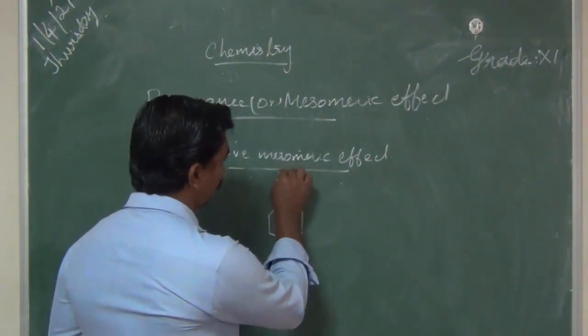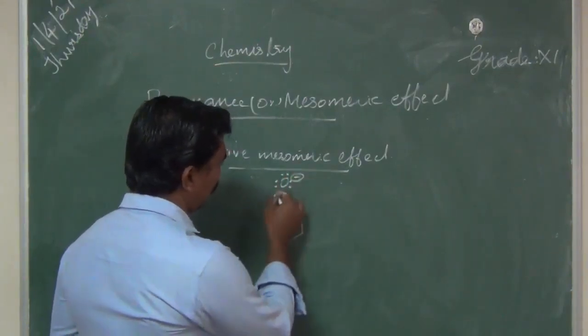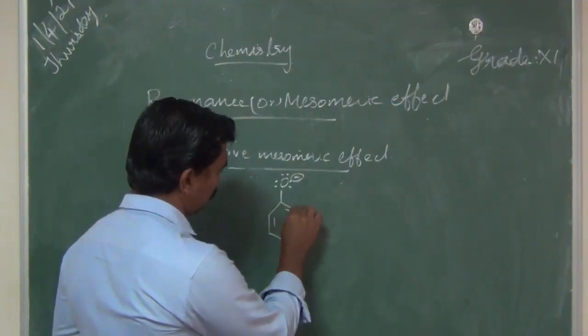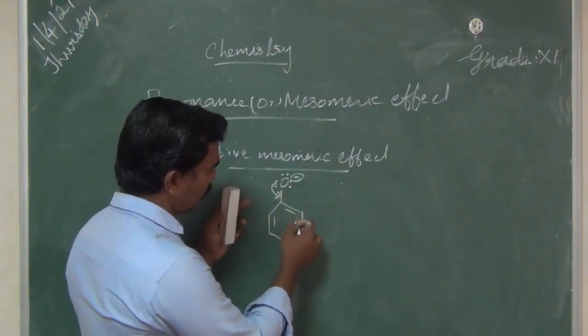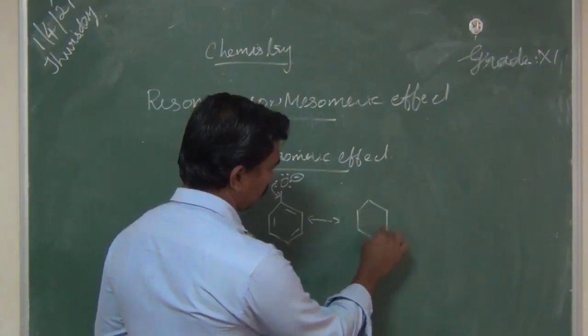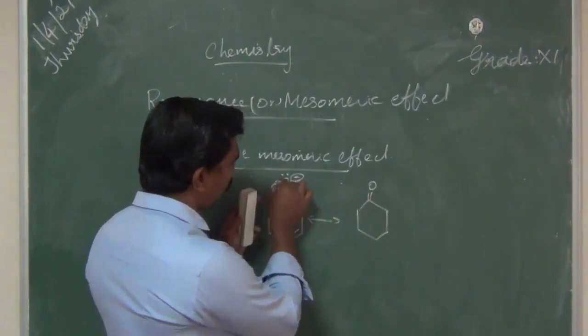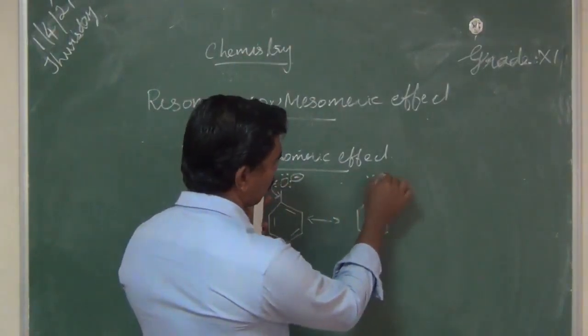So there are 3 lone pairs of electrons. Now this lone pair of the electron moves here, so the double bond will come. Oxygen, one lone pair is moved here, so here there are only 2 lone pairs of electrons.